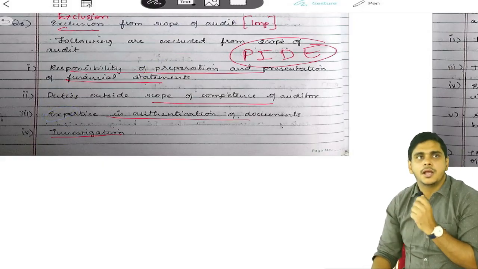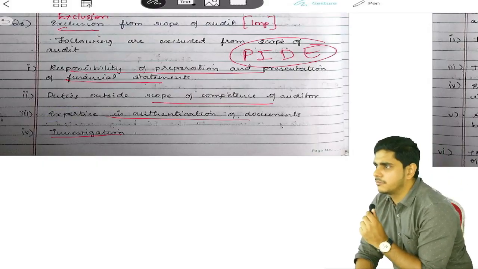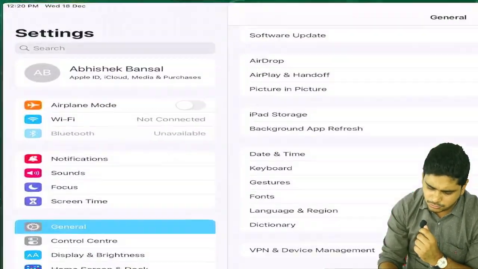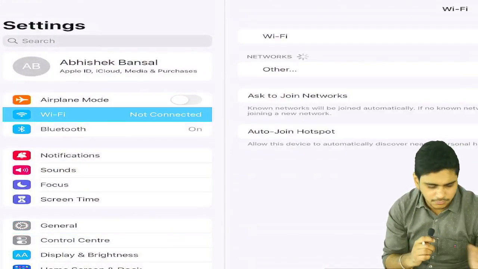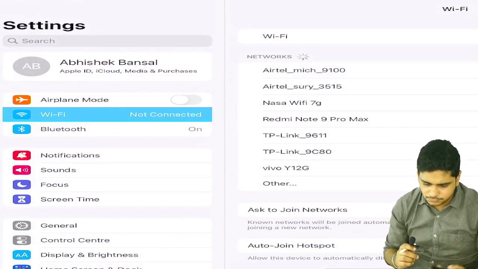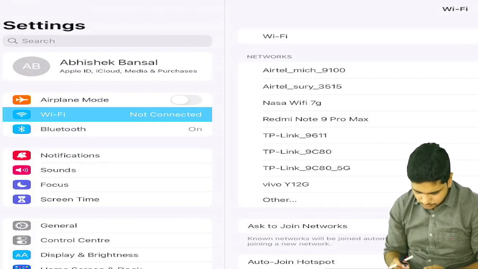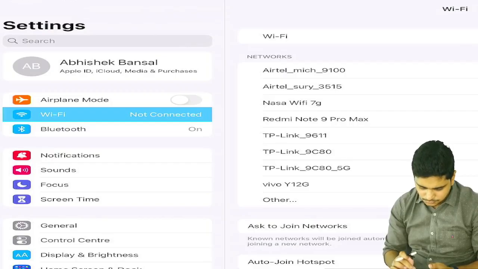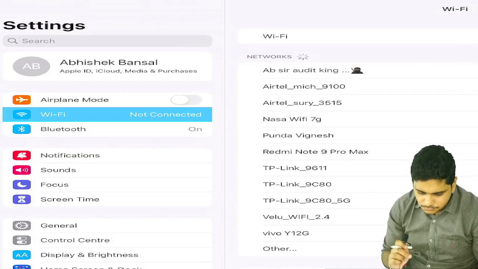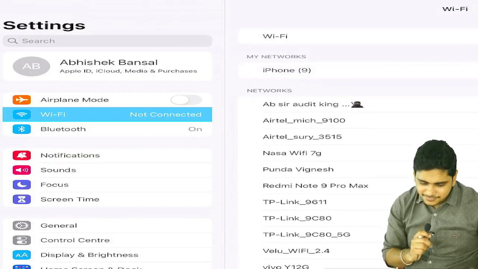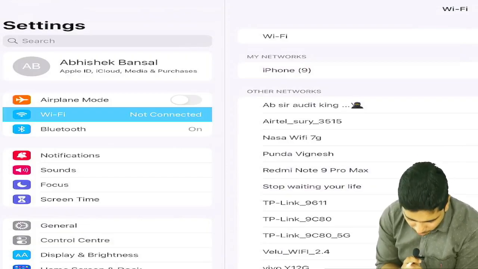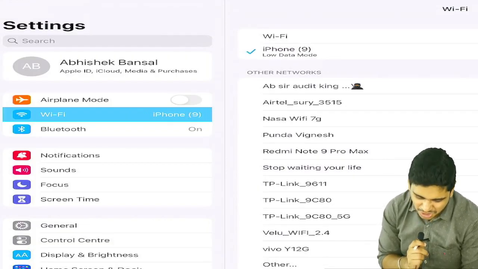Understood? Have you seen CID? Does it come in Tamil also? Stop waiting your life. Bad English. What is stop waiting your life?